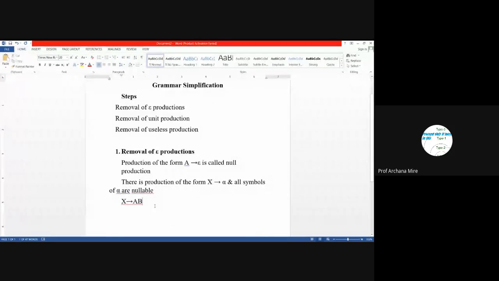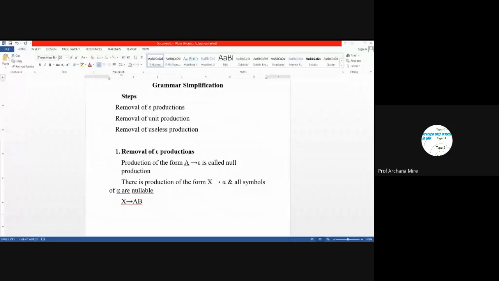So there are two cases. Either there is a direct production A leading to epsilon, or an indirect production of the form X leading to alpha, where alpha consists of non-terminals which directly lead to epsilon. Following the chain, X leading to alpha and alpha leading to epsilon, X will also become a nullable symbol. That is the meaning of this sentence.